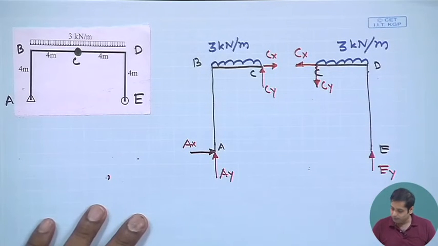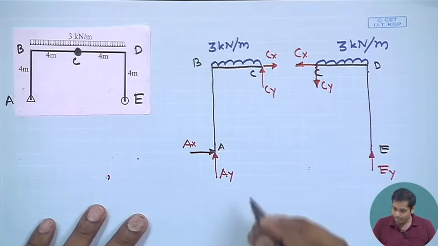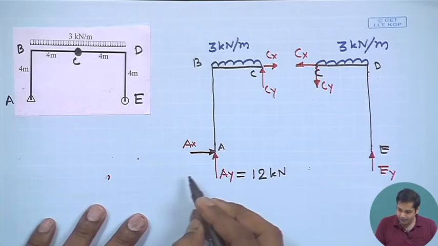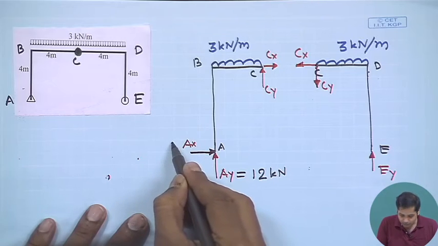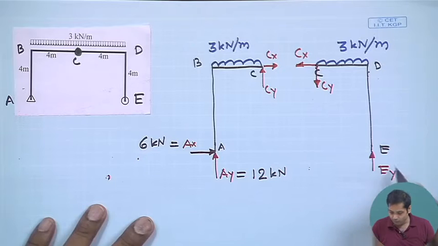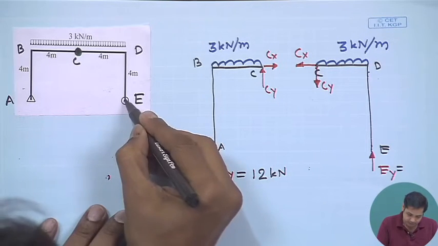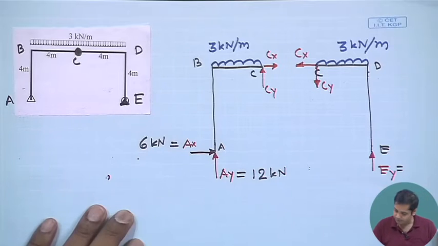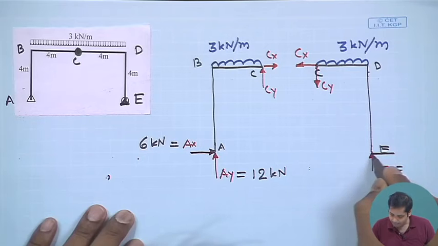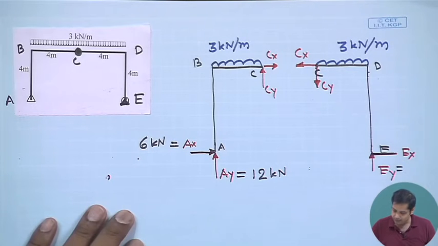Now if we apply the equilibrium equations, we get AY equal to 12 kilonewton and AX equal to 6 kilonewton. This is also a hinge, so there will be EX as well.